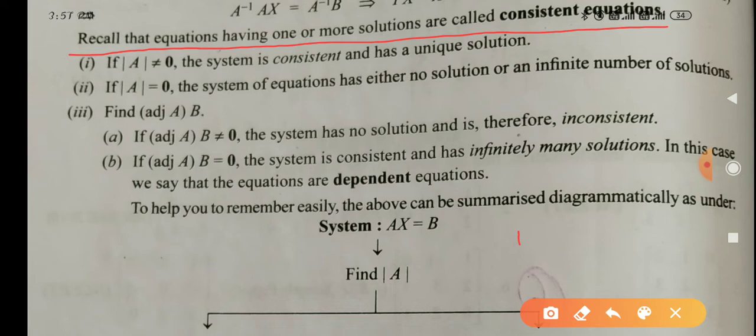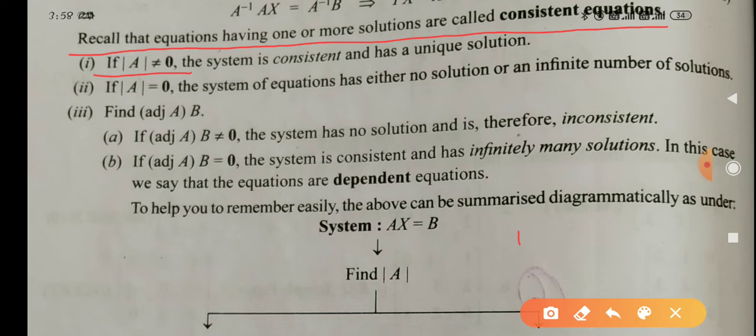Now here, how can we recognize whether the given system is consistent or inconsistent? If determinant A is not equal to 0. What is this A? I told you just before, A is the matrix made by the coefficients of x and y, or of x, y and z if three equations are there.